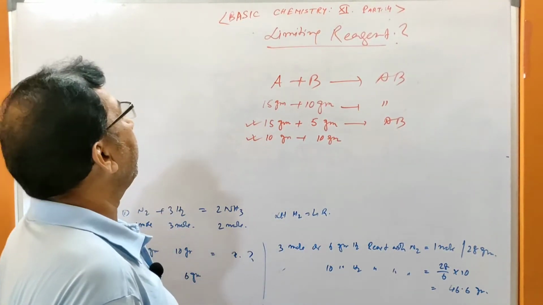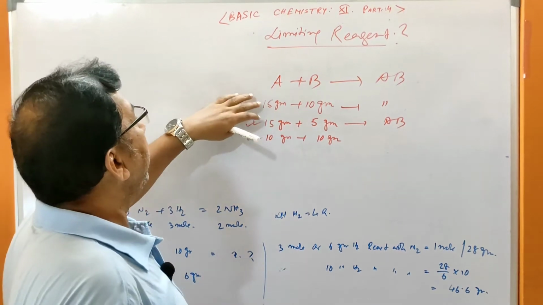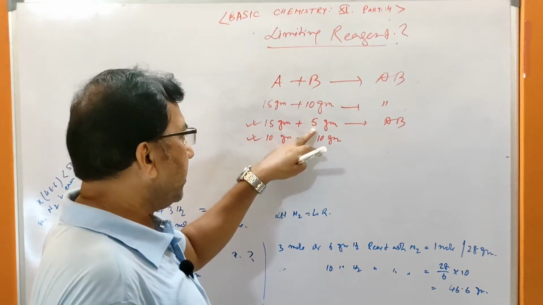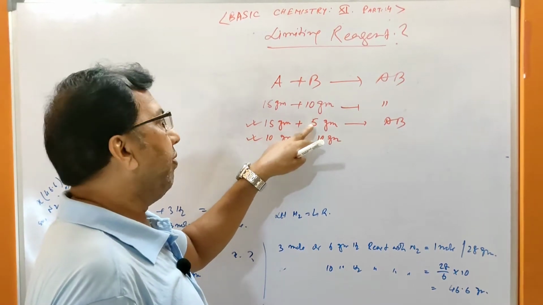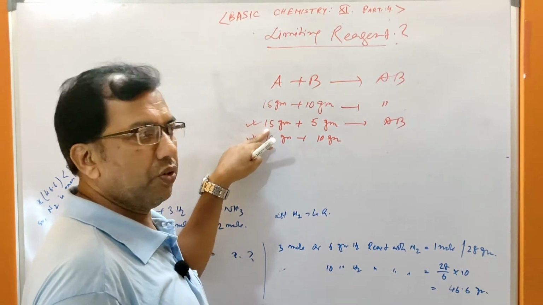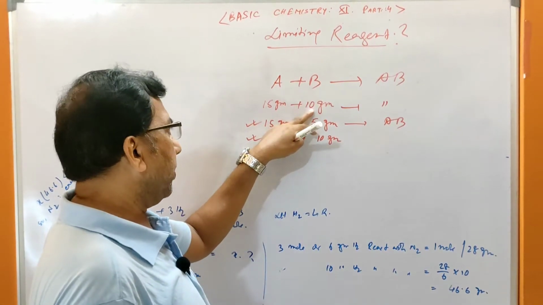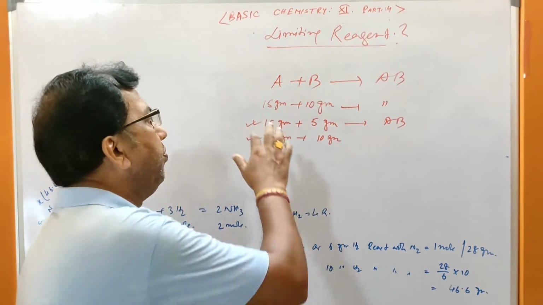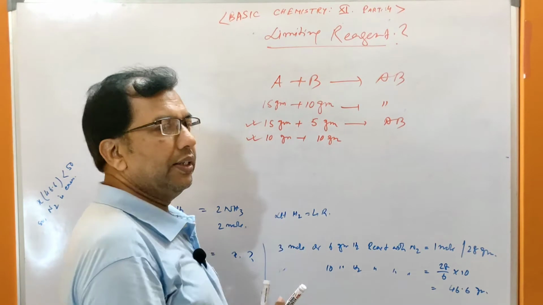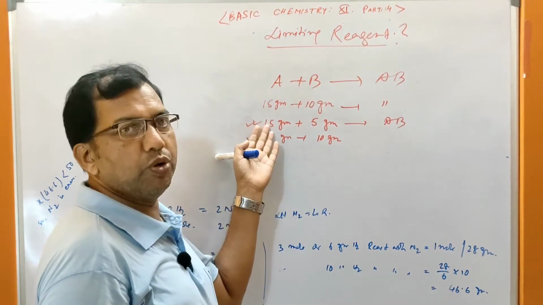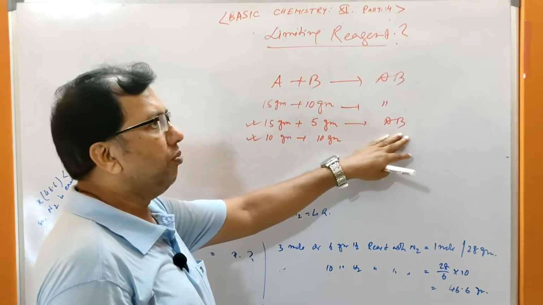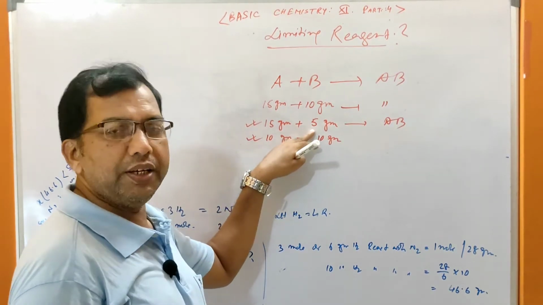In this case, originally what is required? 15 gram of A needs 10 gram of B. But what is given is 5 gram. So 5 gram is not enough for 15 gram. Okay, so for 10 gram it needs 15, so with 5 gram it will be less. Some excess will be there and it will be fully consumed and the product will form. So it will be the limiting reagent.